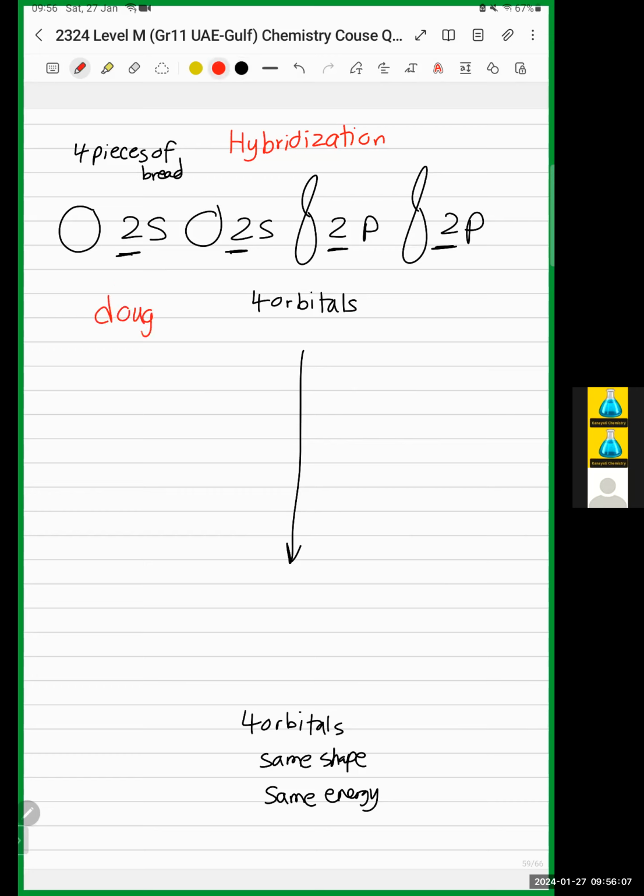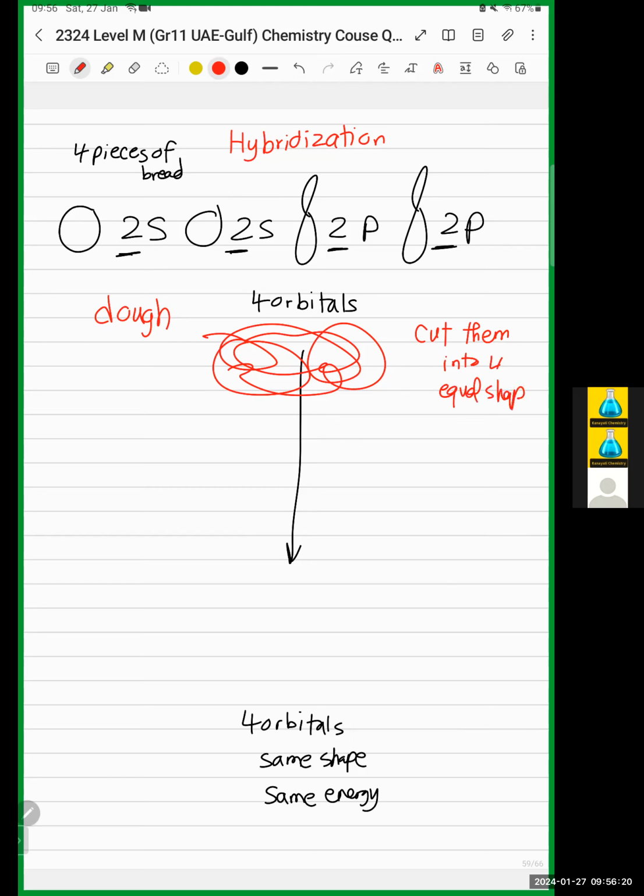I'll make a dough of bread from the beginning and put them all in one piece of dough, and then try to cut them into 4 equal shapes. Why are you cutting them into 4 equal shapes? So they will have the same energy and the same shape. So let's say I have changed them into a dough, and now I will cut them. So I will cut them into 4 equal shapes. 1, 2, 3, 4.